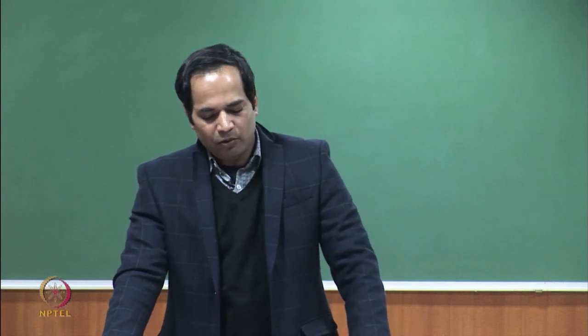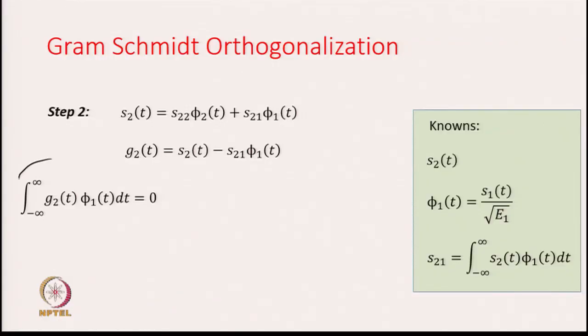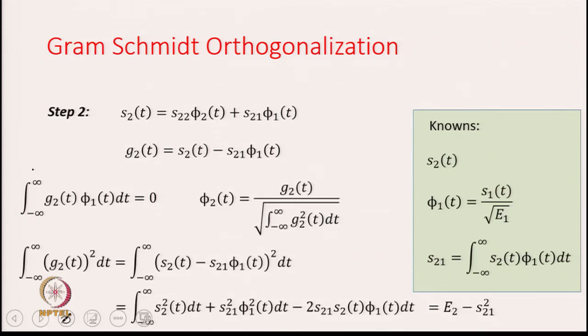Okay. So, now after having understood that g 2 t is perpendicular to phi 1 t because its inner product is 0, we can quickly define phi 2 t as g 2 t divided by the length of g 2 t, and length of a function is the square root of energy of that function.